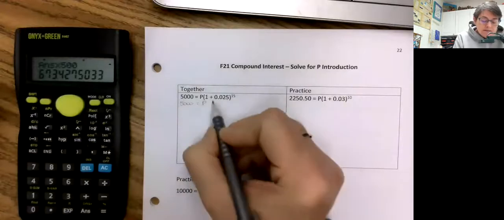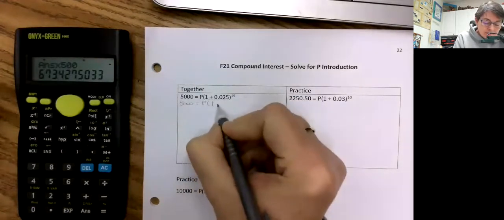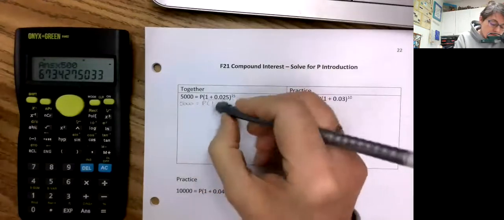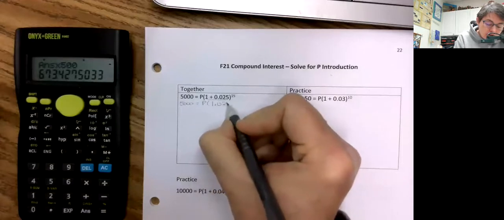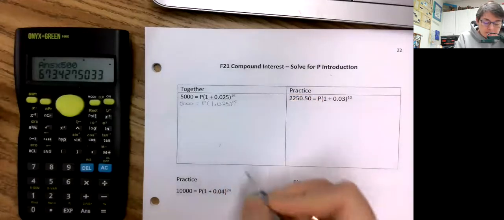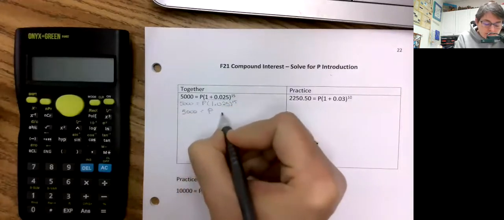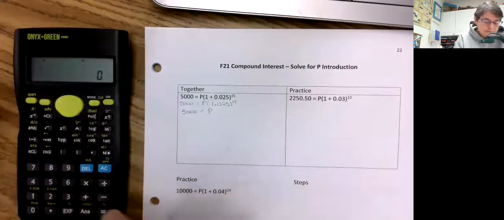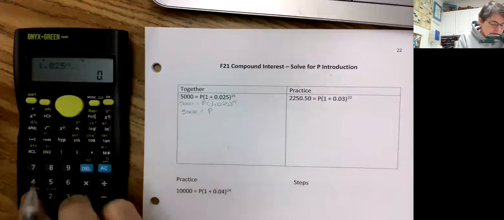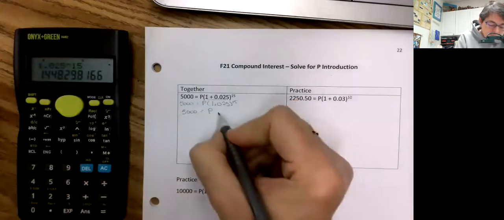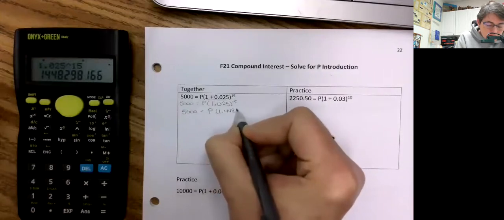This process is the same as before. I don't need to rewrite that. I can put them together. 1.025 to the 15th. 1.025 caret 15. 1.4482.